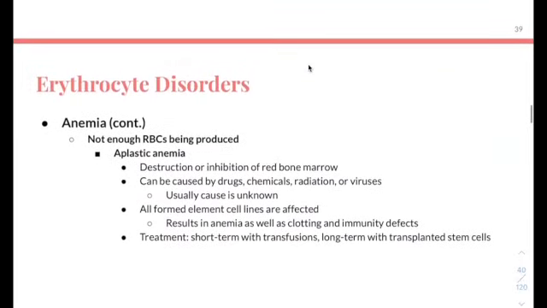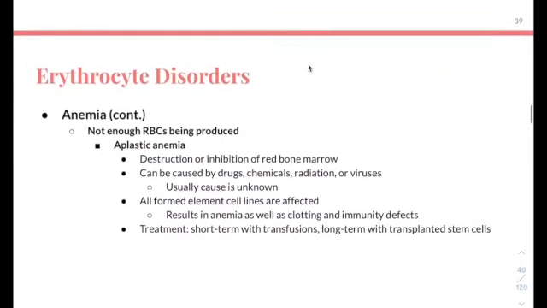Aplastic anemia is another type, because something has happened to the red bone marrow. Drugs, chemicals, radiation, viruses, or it could be unknown. So all formed elements are affected because they all come from the same stem cells in red bone marrow.